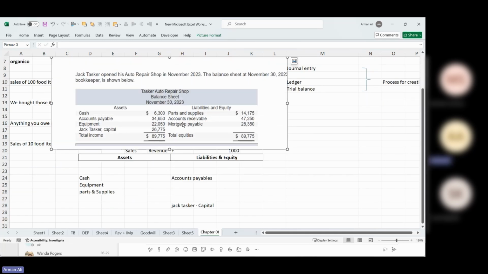So let's continue this further and close this one now. So now we know what an accounts receivable is. So that is also done. Now the last item is mortgage payable.